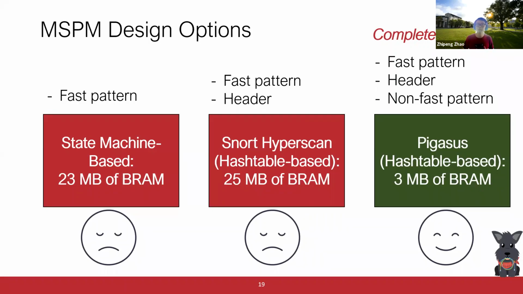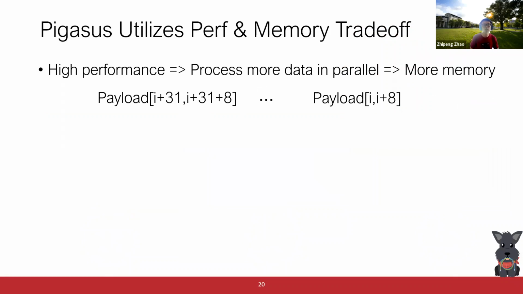And since our design is so memory efficient, we can actually use the FPGA on-chip memory to complete more work. For instance, we extract the non-fast stream pattern matching from the full match stage into this multi-stream pattern matching stage. Our idea is that we need to utilize the performance and memory trade-off in order to save memory. On FPGA, to achieve high performance, many times you need to utilize data parallelism.